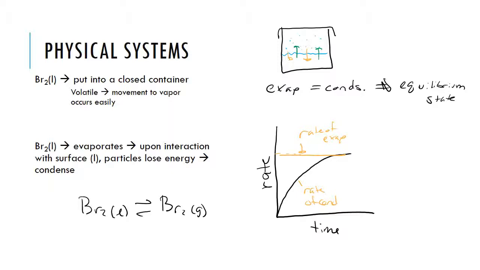When they reach each other, or meet right here, at this point in time that you see the two flatline, that is your equilibrium state. And I spelled that wrong. And so it's just a way in which to represent this, and we're going to see these graphs a little bit later as well with the chemical systems.